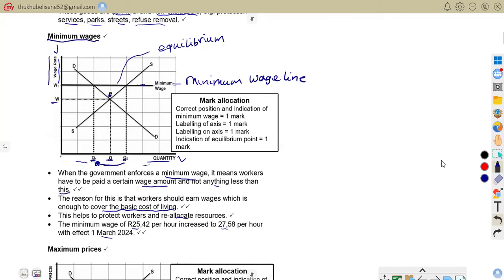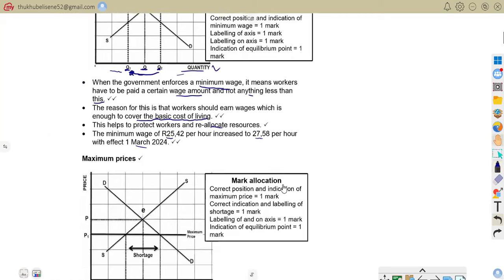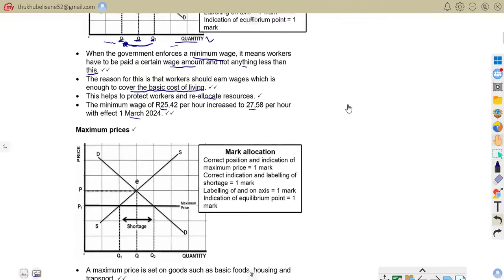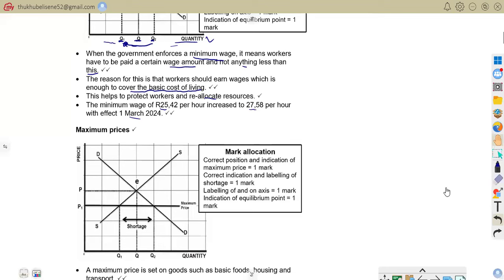So let us move on to maximum prices. Let us briefly explain this graph on maximum prices.